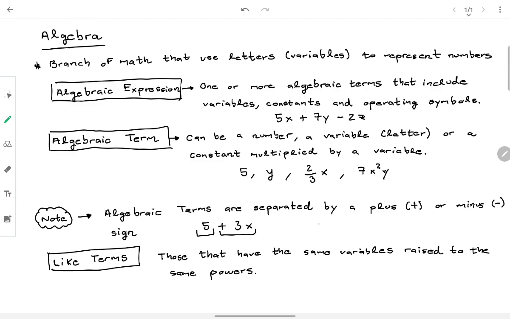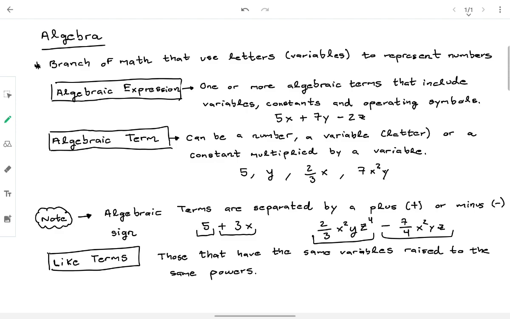If we have something like, maybe, 2/3 x squared y z to the fourth minus 7/4 x squared y z, in this case this will be an algebraic term, and this can be another algebraic term. So always remember, algebraic terms are separated by a sign. It can be a positive one, plus, or a negative one, minus.